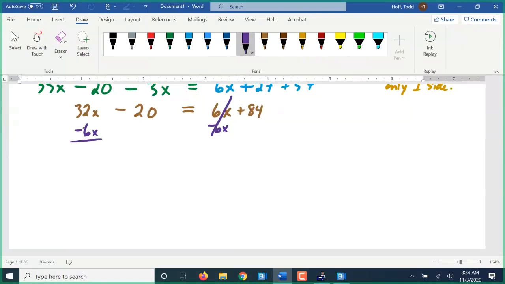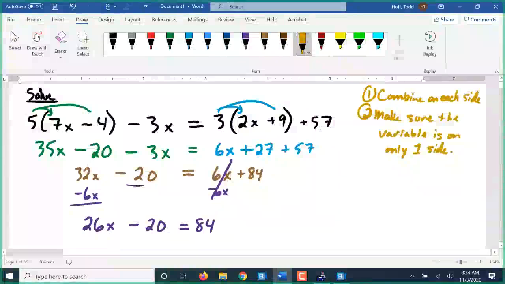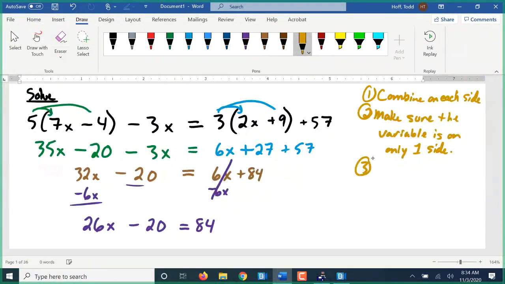So 32x minus 6x is 26x. We still have the negative 20 there, equals the 84. Now we've combined everything we can combine. We've made sure the variable is on only one side.